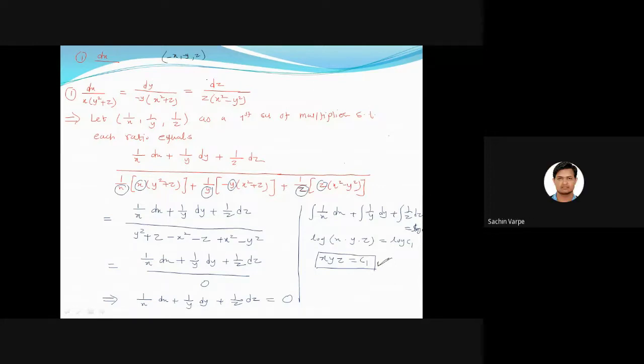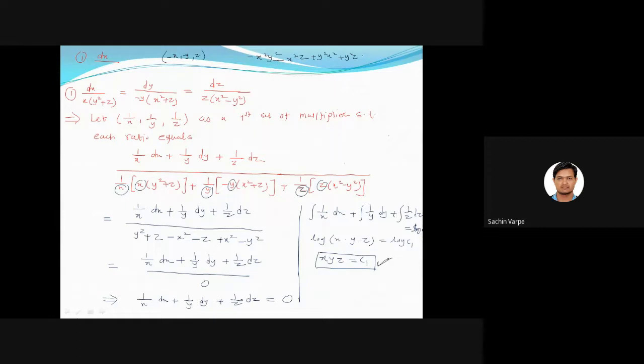Plus z. Minus x. Okay, so that will be minus x square y square. Then minus x square z, right? Then plus y square x square. Then plus y square z.